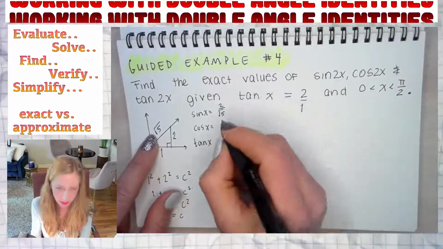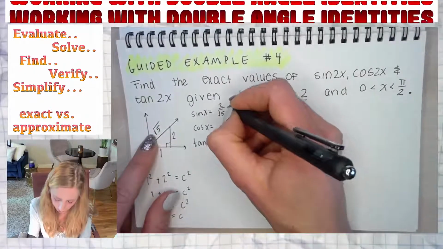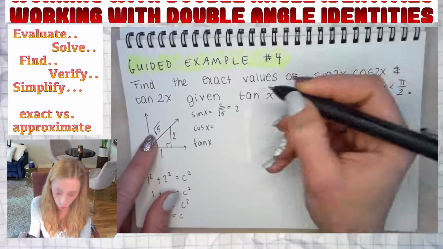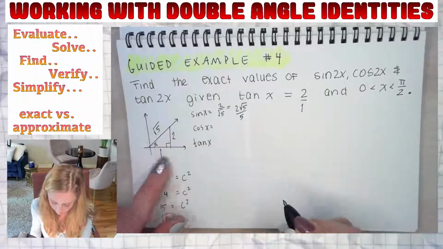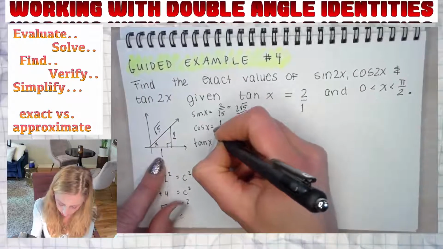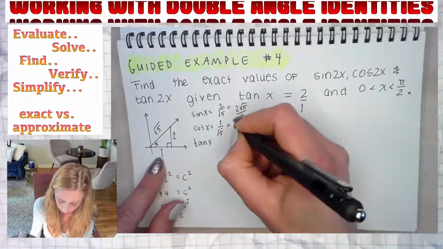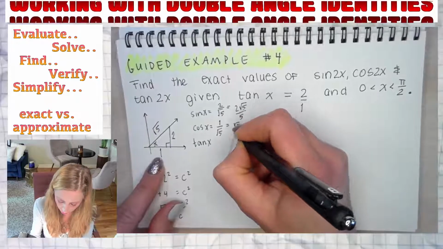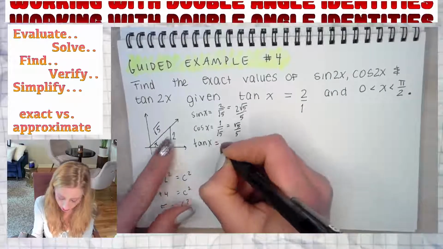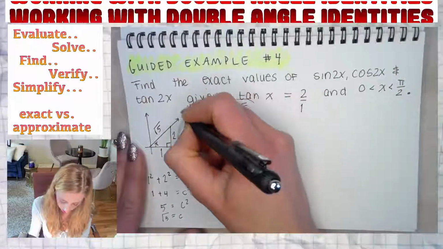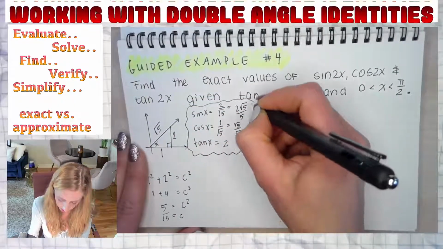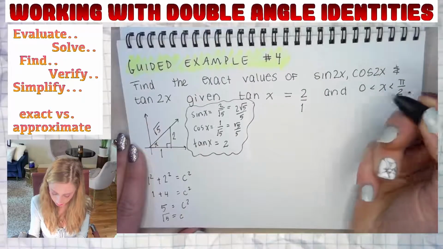If I were squaring that, I could leave it, but I'm going to rationalize because the radical will go away. That's going to end up being 2 root 5 over 5. Cosine, adjacent over hypotenuse. Again, rationalize. That's just going to be root 5 over 5. And tan is opposite over adjacent, or 2. I'm going to circle those because I'm going to reference them momentarily.